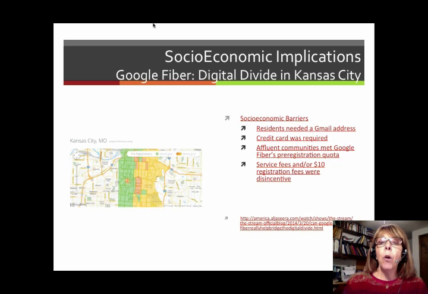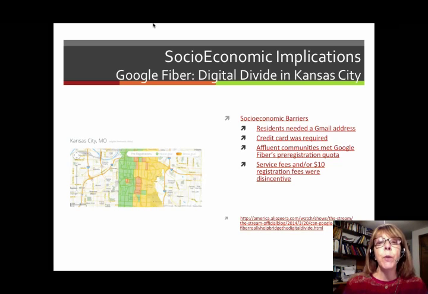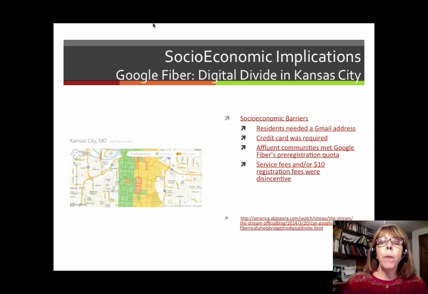And Kansas City in the United States was one of 3 cities chosen by Google to bring in internet connections to the city to make sure that there was faster, better, more internet for the people. If you look at this article at the bottom of the screen, it talks about how Google was going to go into different cities and case studies of what happened.